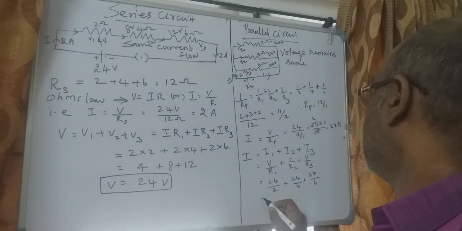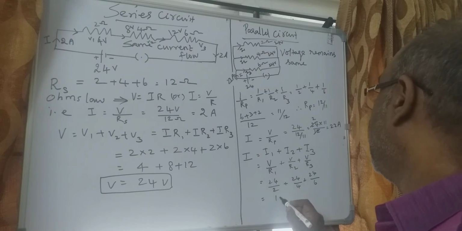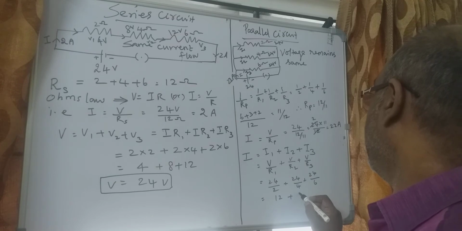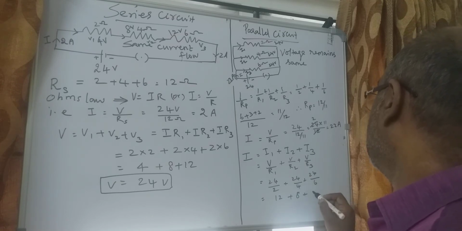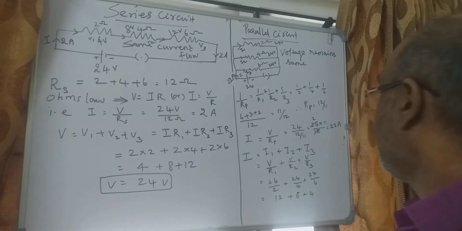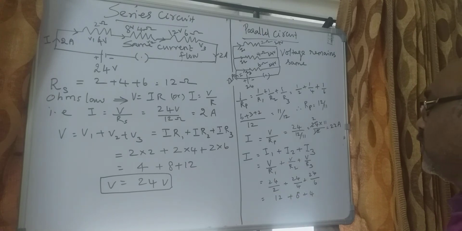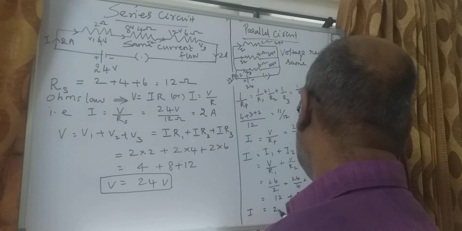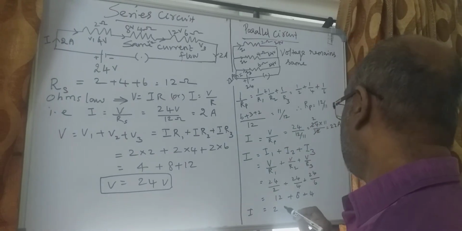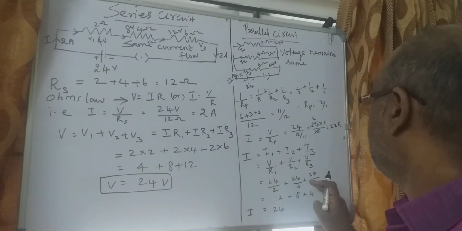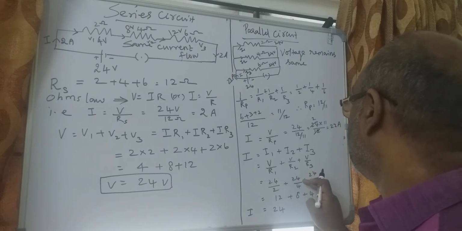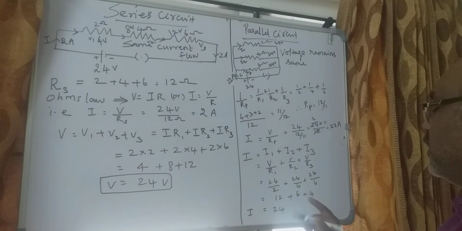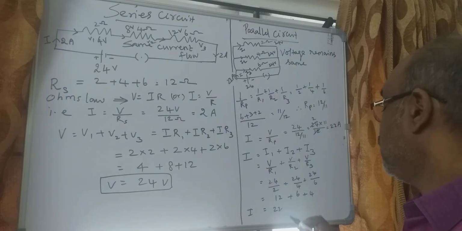So we get 12 here plus 8 here plus 4 here. So 12 plus 8 plus 4, the current I is equal to 24 ampere... that is 22 ampere.